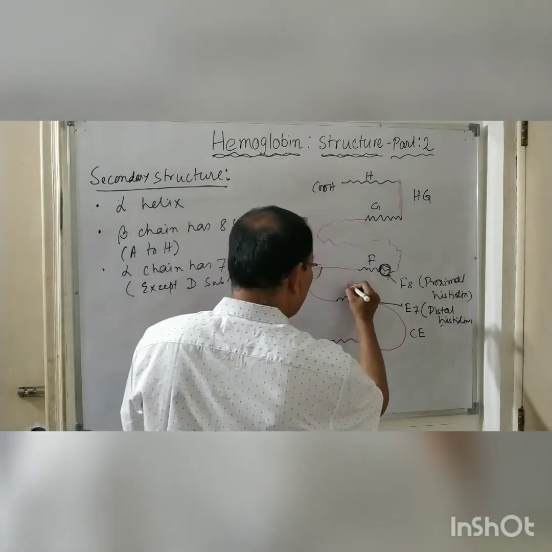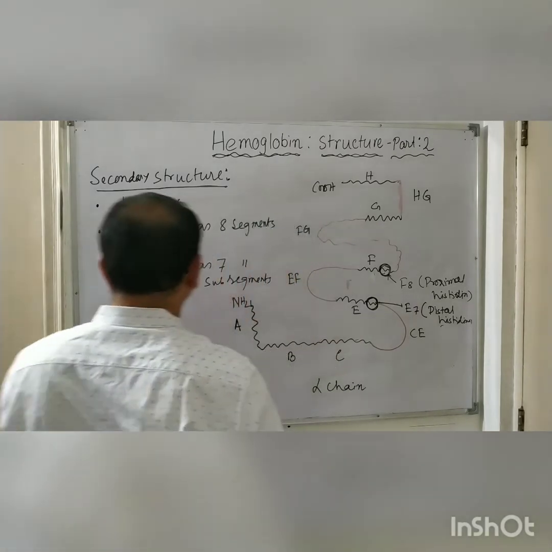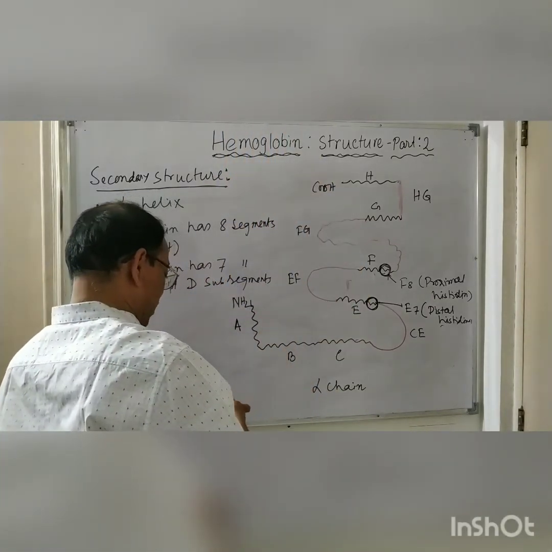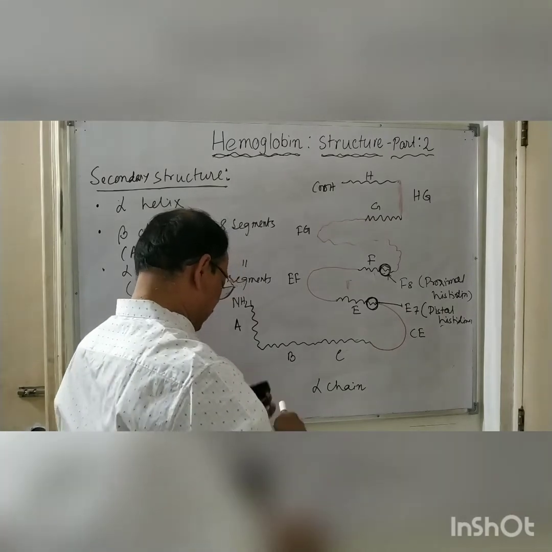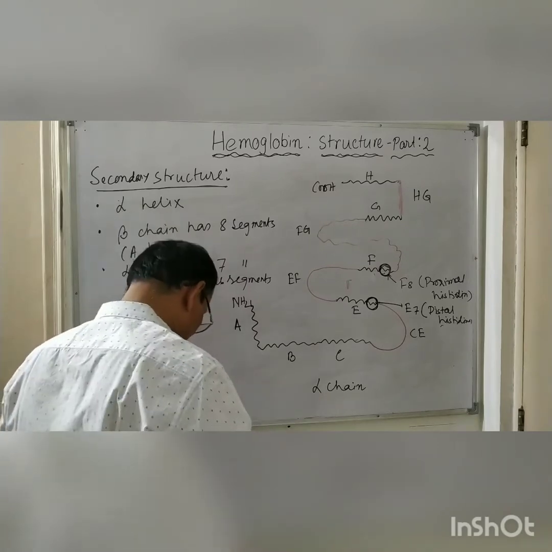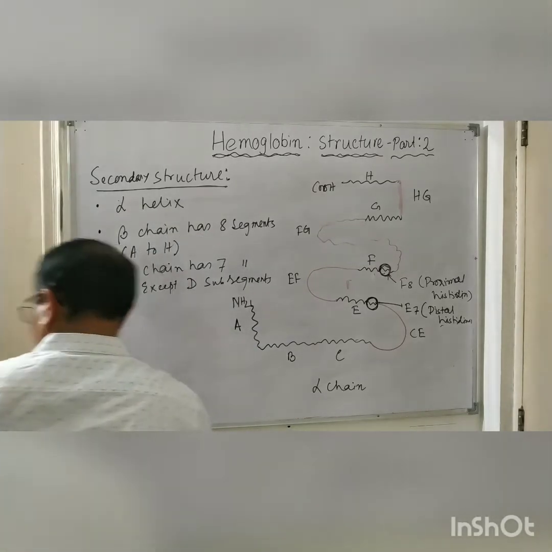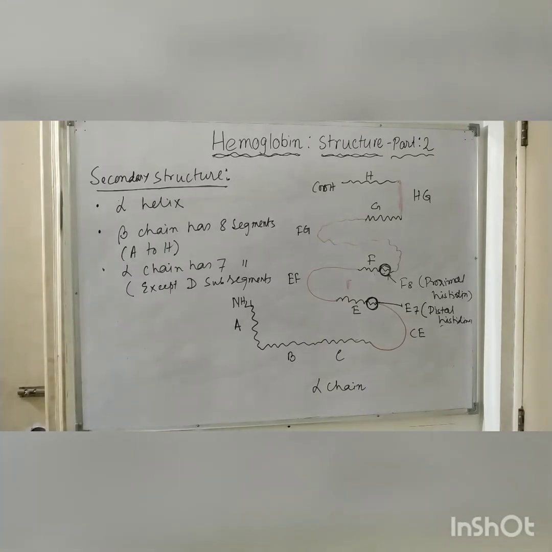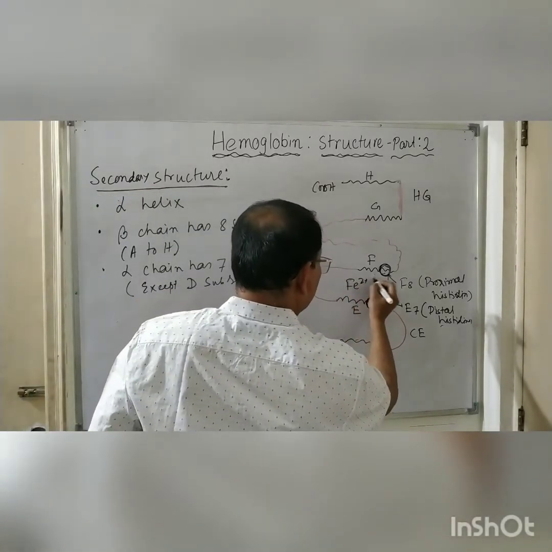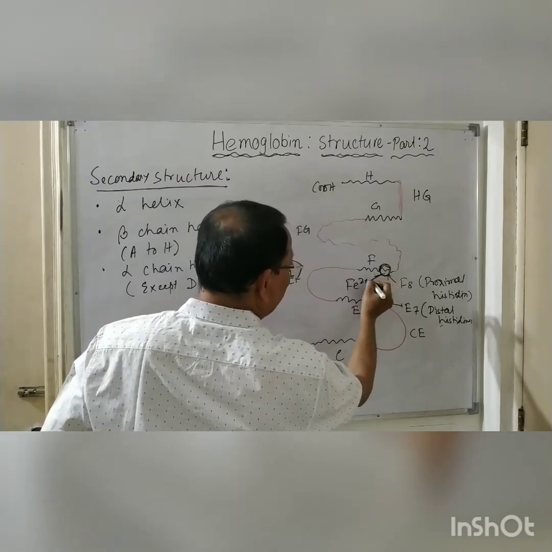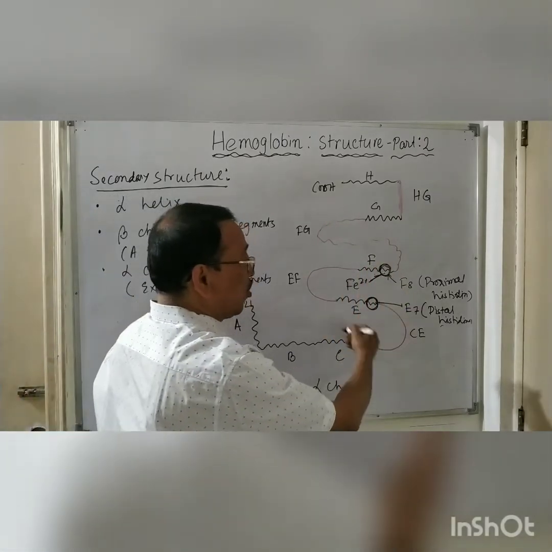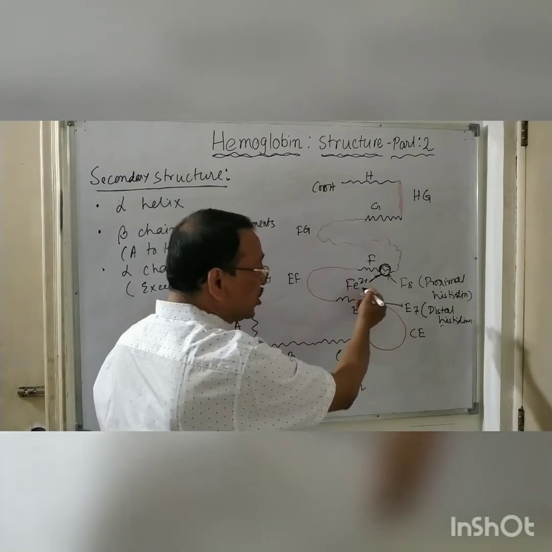So the proximal histidine is linked with the ferrous ion.